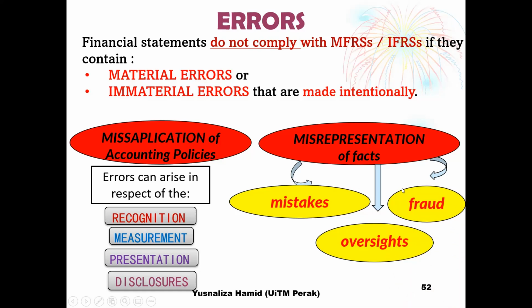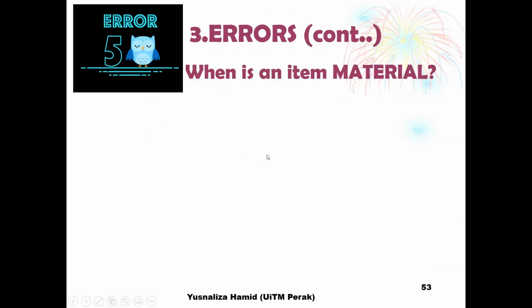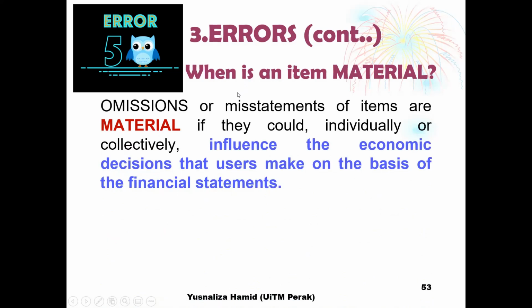Fraud, where we're talking about fraudulent transactions that are committed by maybe the directors of the company, the accountants of the company, or maybe the employees of the company. So when we talk about material, when is an item material? An item is material if the omission or misstatement of that particular item could individually or collectively influence the economic decisions made by the users, who rely on the financial statements.